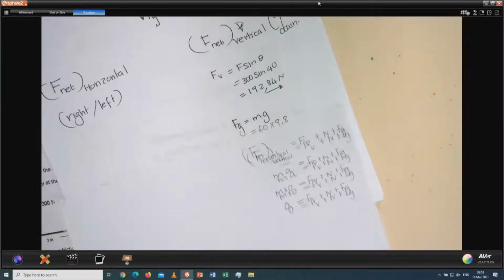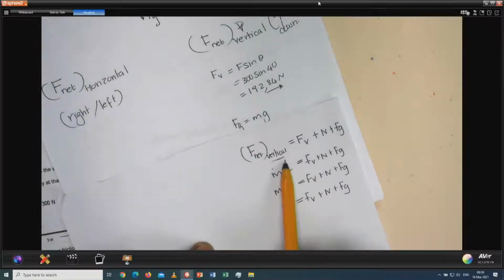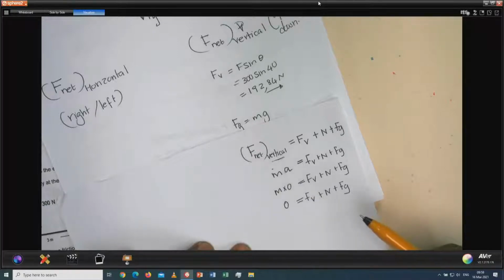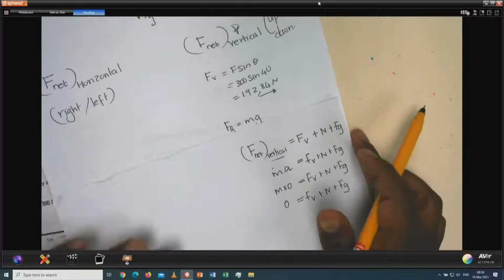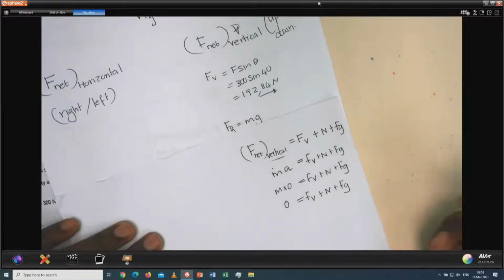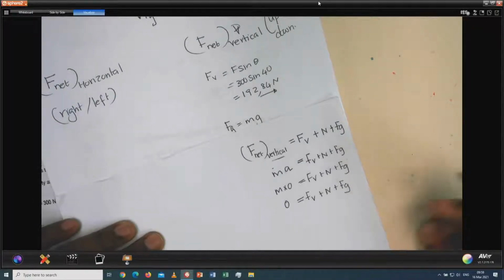Now what you must note is that the net force vertically is equal to 0. Why? Because the object is not accelerating vertically. Sometimes we have this misconception that when F net is equal to 0, then the forces acting on this object are 0, or non-existent. That is wrong.